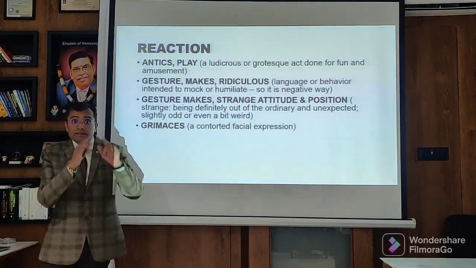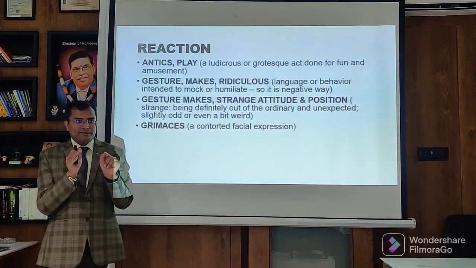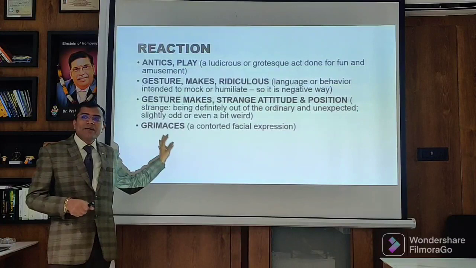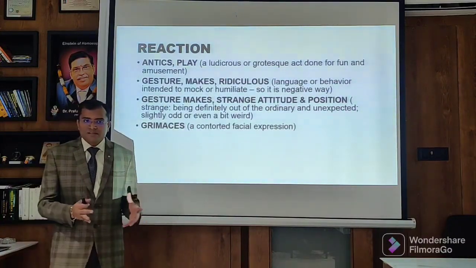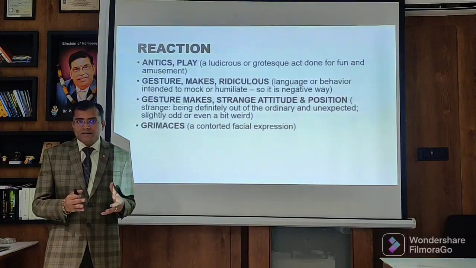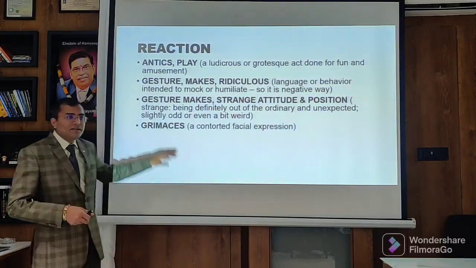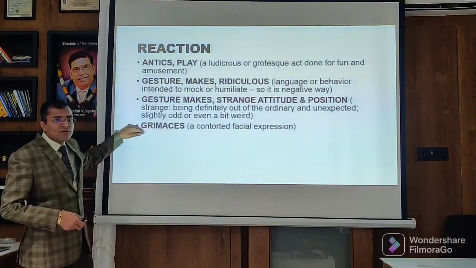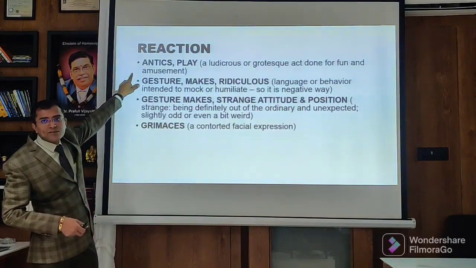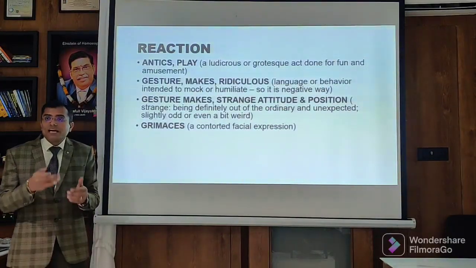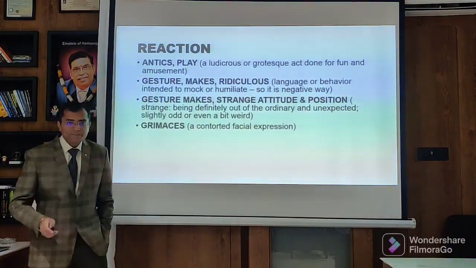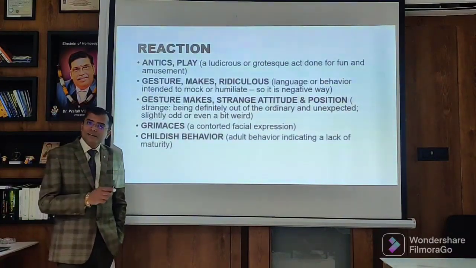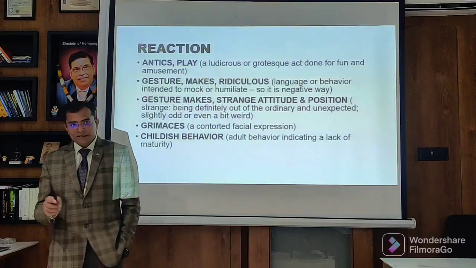So we have observed this is a grimace on the face. Now why do grimaces come? This type of grimace comes out of some frustration, some anger. So here the sense is not fun. So again we have the first rubric. But this is what I am going to differentiate from the just observation. Are you getting me? Childish behavior, very important.